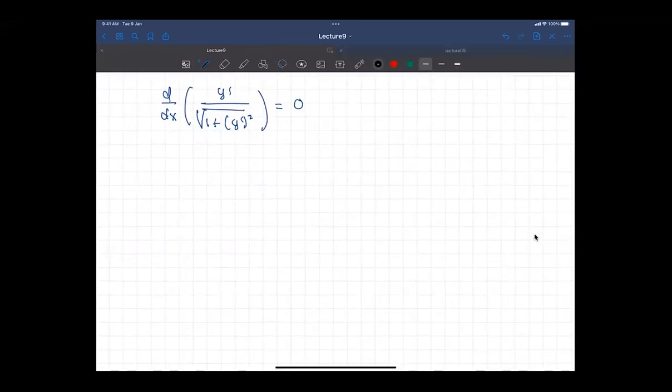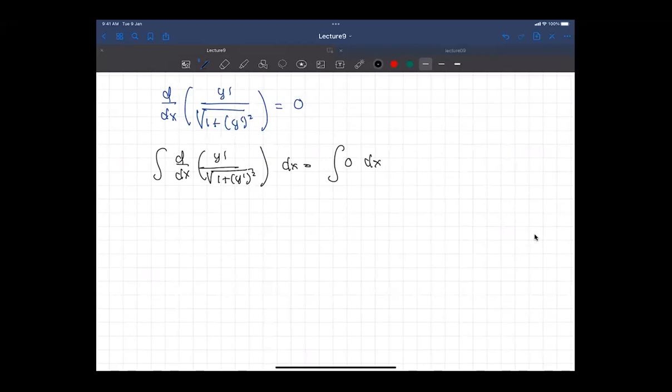So if you want to solve this using the same approach, we integrate dx of y prime 1 over square root of 1 plus y prime squared dx equal to integral of 0 dx.